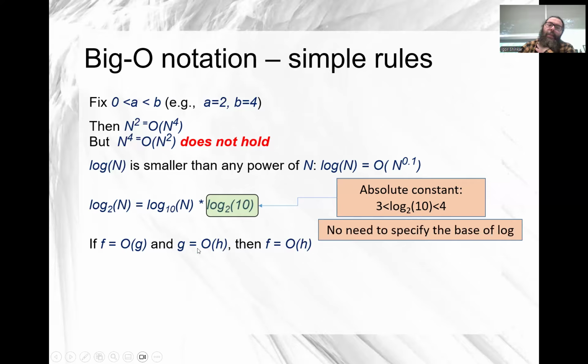And g is essentially smaller than h, up to multiplying h by a constant. Then f is essentially smaller than h. Now, f is less than 10 times g, and g is less than 5 times h, which means that f is less than some constant times h. Convince yourself about this. Okay, do this exercise for me.